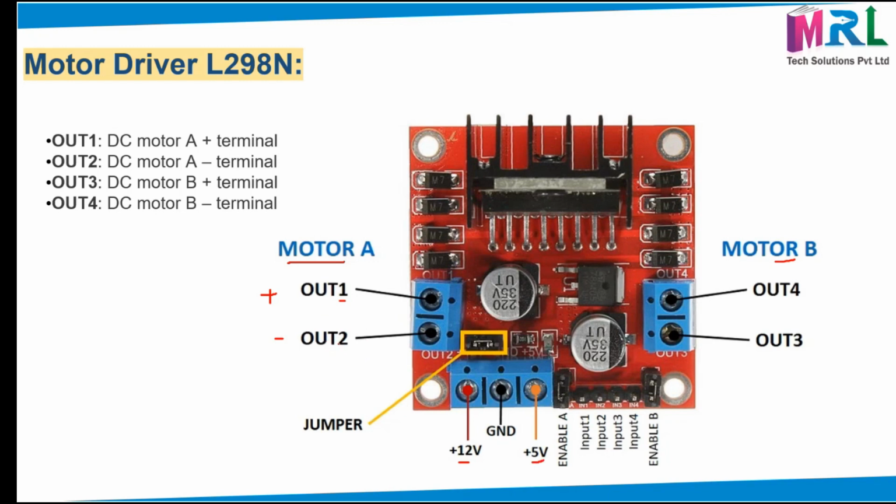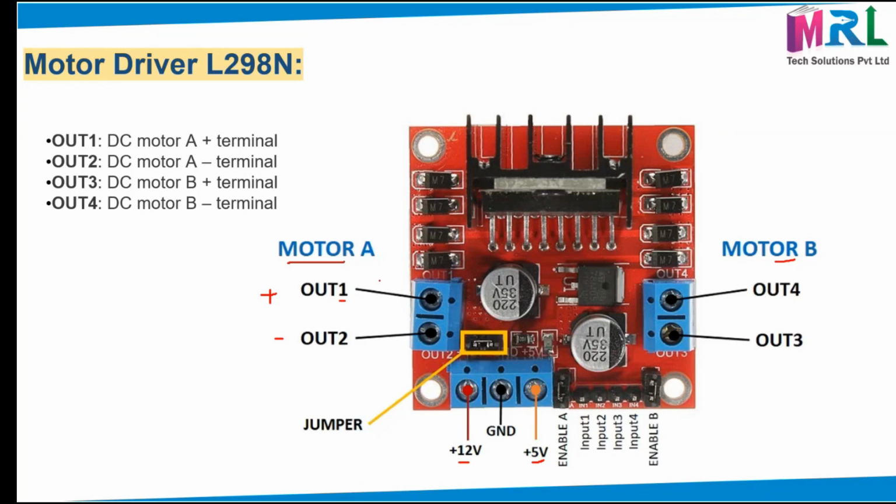You can give 2 different power supplies, one for controlling the driver and one for the processor. The 5 volt goes to the chip and the 12 volt is the other supply. Otherwise, if you have a jumper, you can give a single supply. So this is the setup of this motor driver.